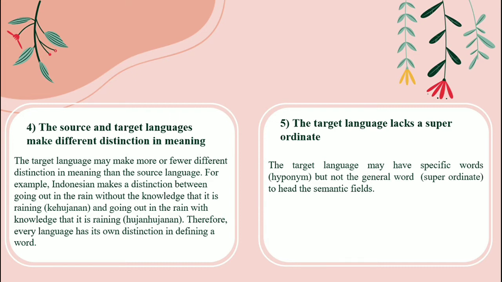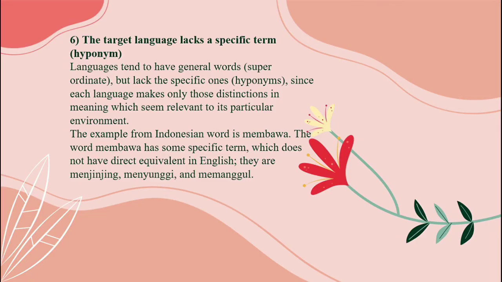And the next is the target language lacks a superordinate. The target language may have specific words, or hyponyms, but not the general word, or superordinate, to head the semantic field.